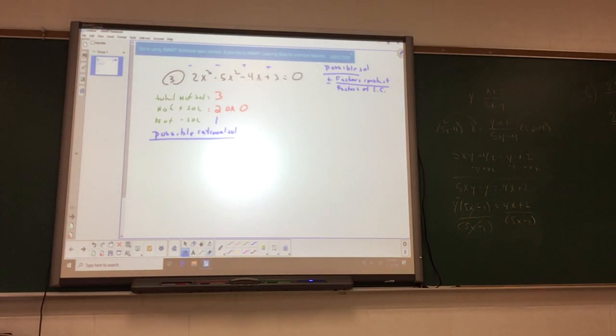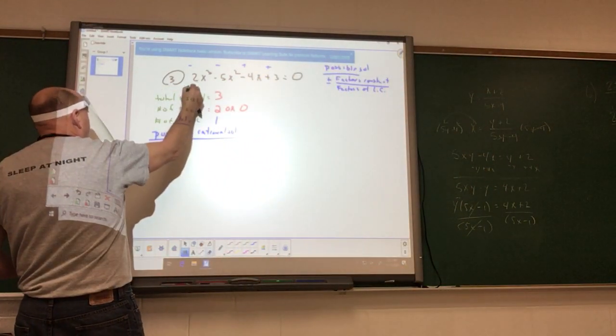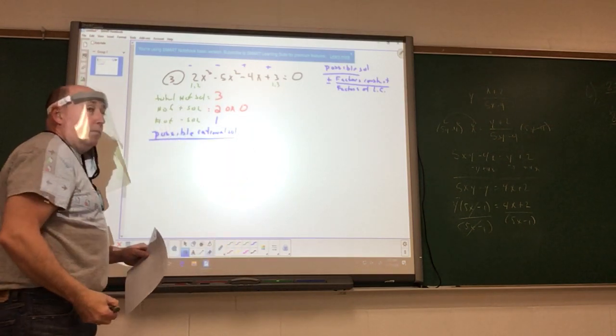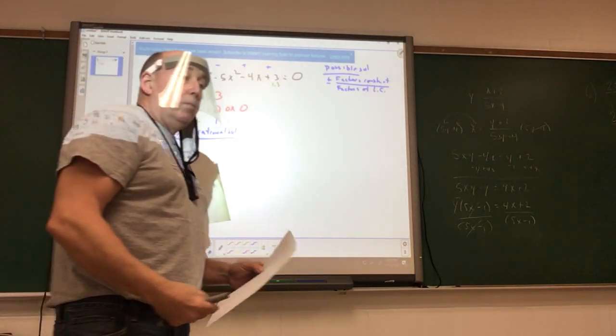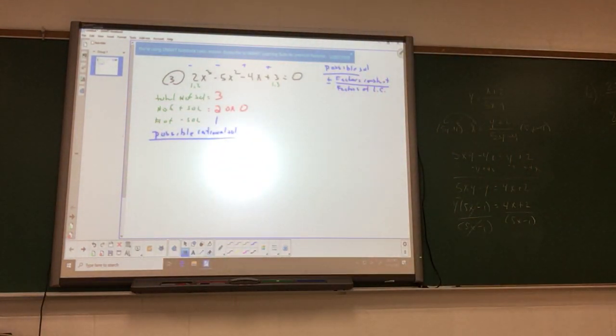Now, what I tend to do is I just write my factors down. My factors of 2 are 1 and 2. My factors of 3 are 1 and 3. So I'm going to take my constant factors divided by 1 and my constant factors divided by 2. If I divide 1 by 1, I get 1.